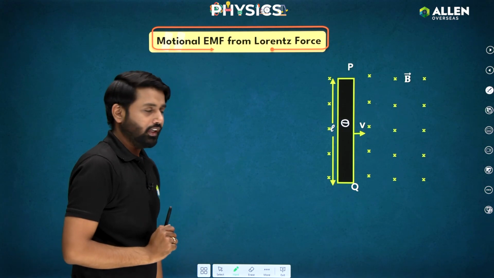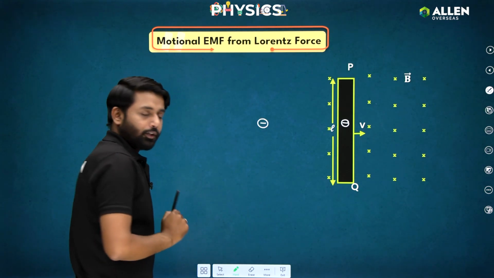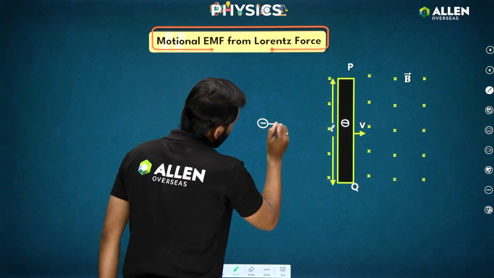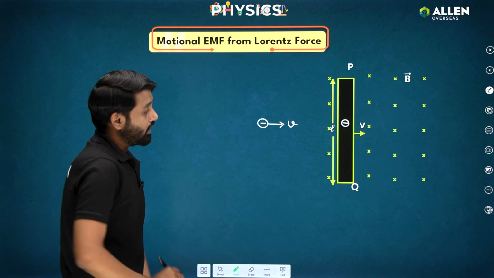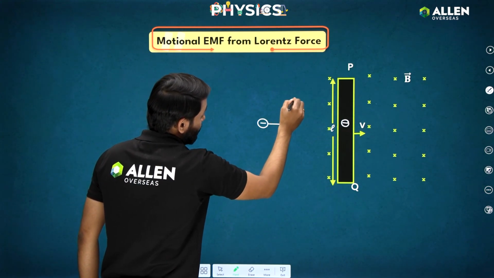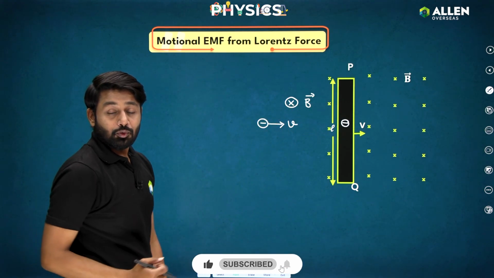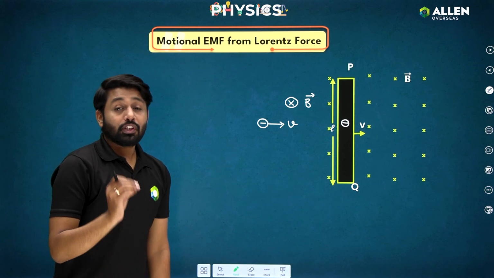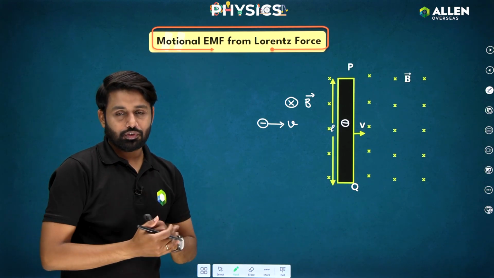So if I write this is a free electron, and this electron is moving in this direction with velocity V, right, students? And the magnetic field is inward, so I am representing this magnetic field by a cross. I think you must know, whenever a charged particle moves in a uniform magnetic field, that charged particle will experience a force.